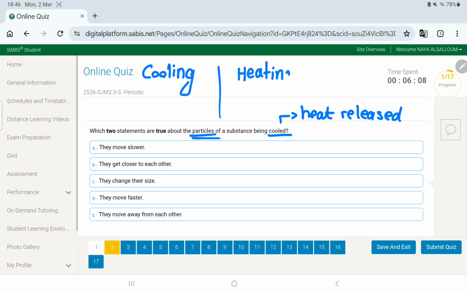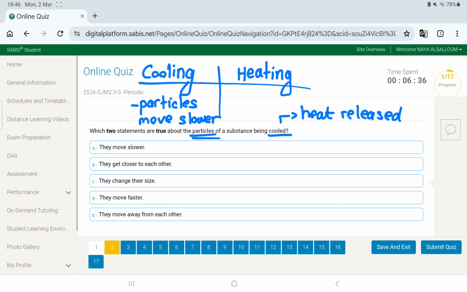Let's see how particles react. Now, here, you need to know this. When something is cooling, the particles move slower. Okay? So, you need to know this. When something is cooling down, the particles move slower.